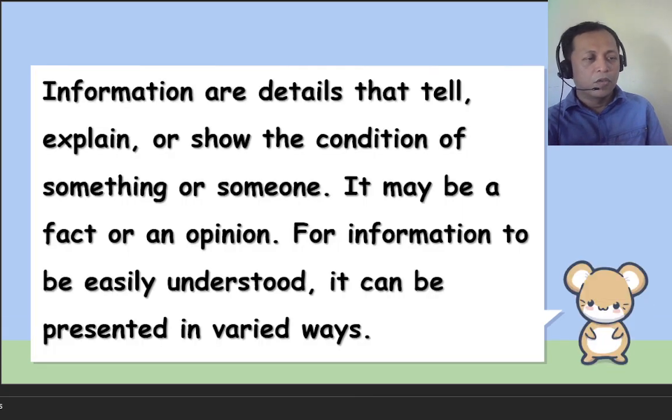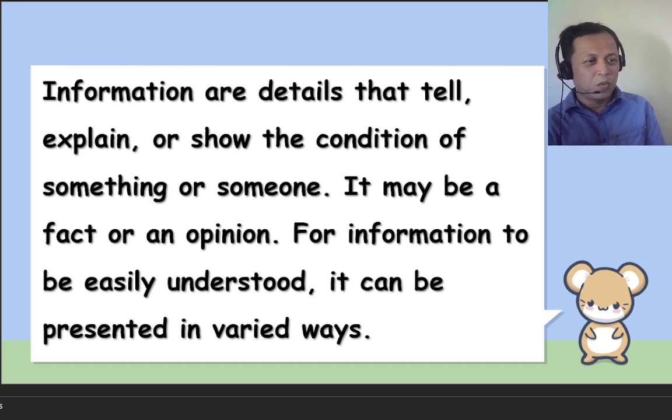Okay, so information are details that tell or explain or show the condition of something or someone. It may be a fact or an opinion. For information to be easily understood, it can be presented in varied ways.